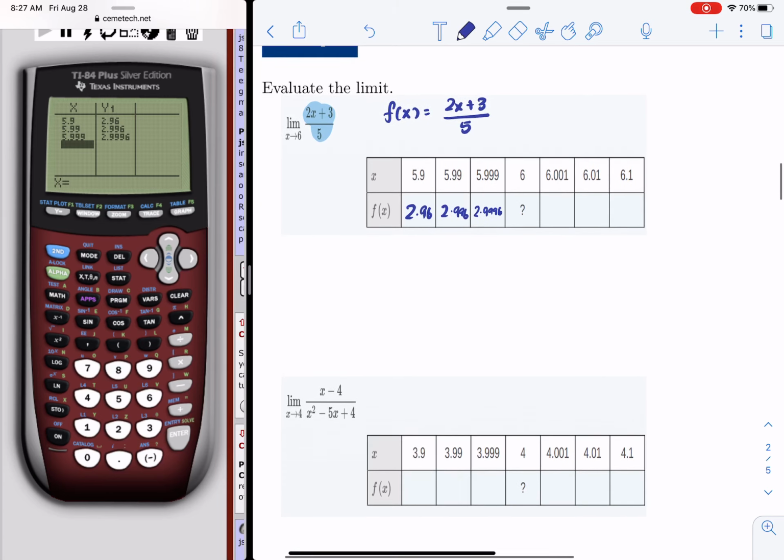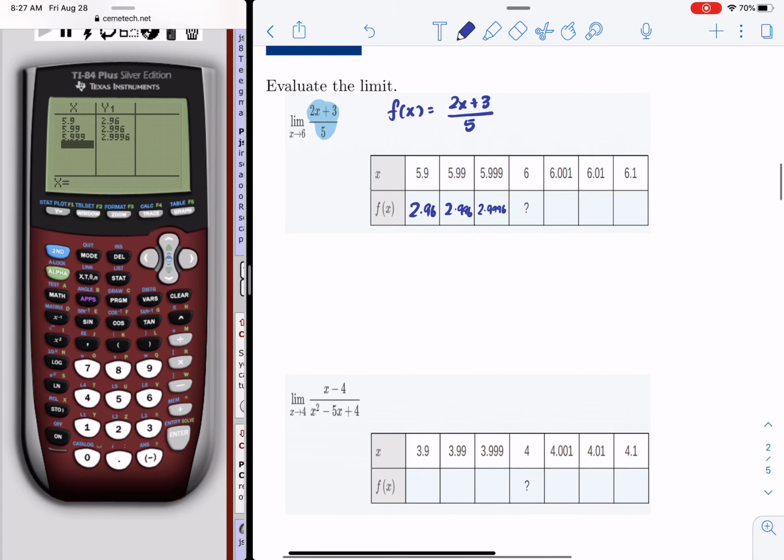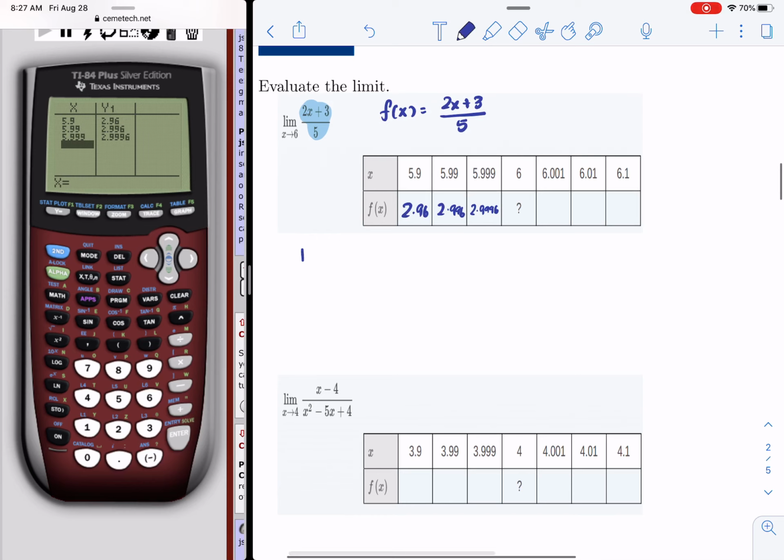So it seems like the function is approaching 3 from the left-hand side.